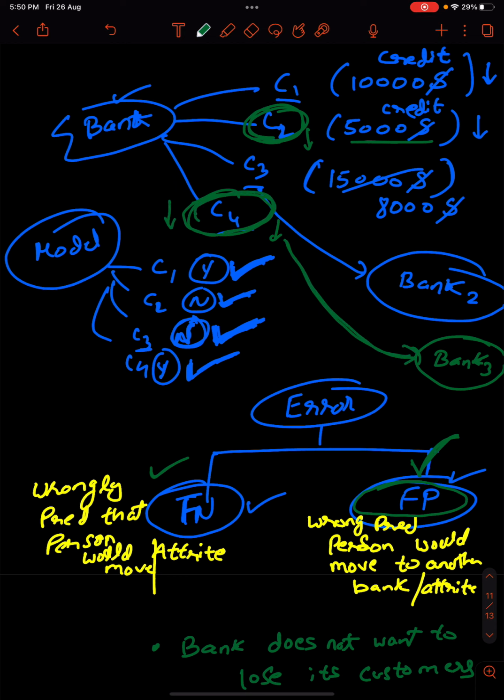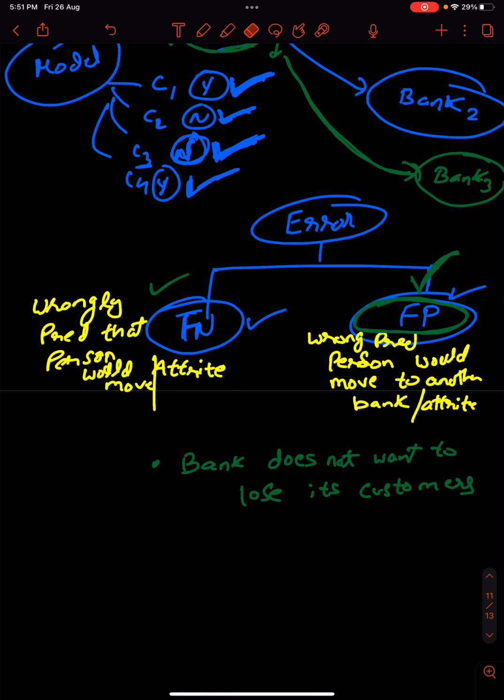But in this kind of a situation where the credit is reduced, because of which the customer went to another bank, right? Because my model clearly told that this person will not go to any other bank, you can reduce the credit, but the model is wrong. So it predicted positive, and the prediction is false, that's why false positive. So this is critical, which means I want to reduce the false positive as much as possible.